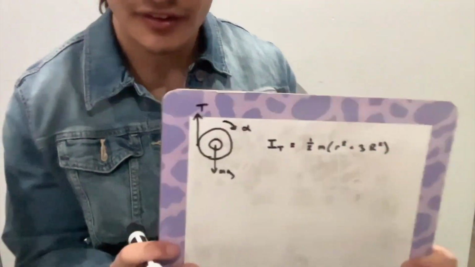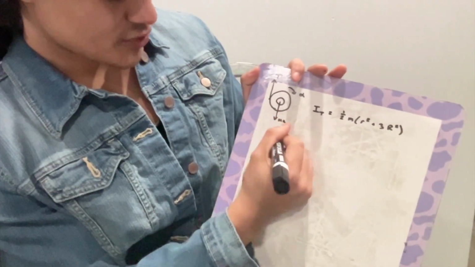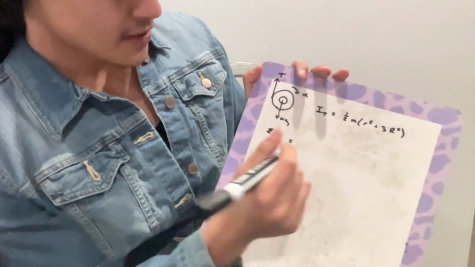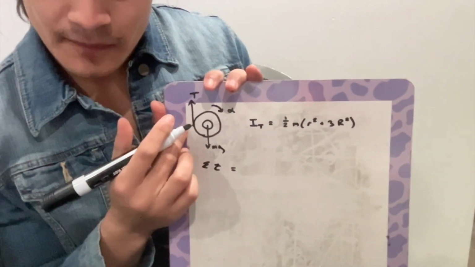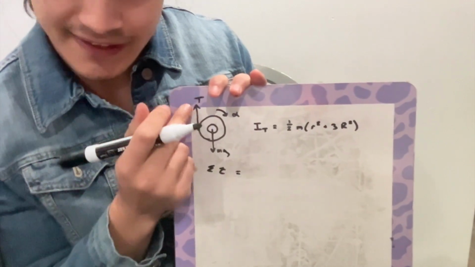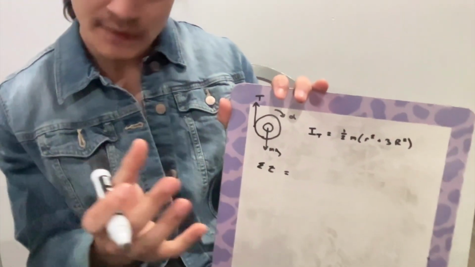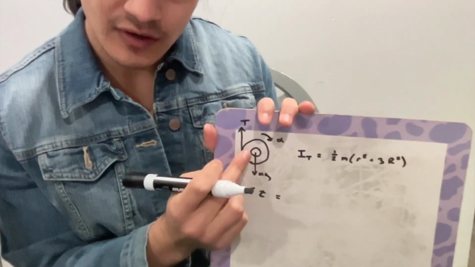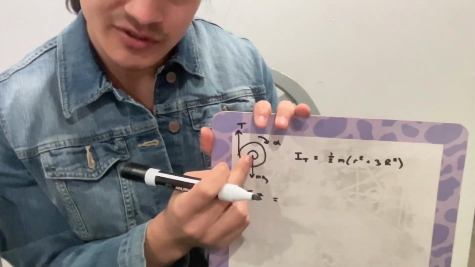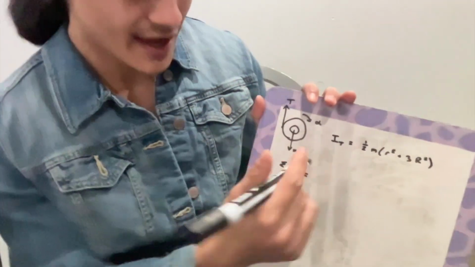Now we do the sum of the torques. We're at point rotations at point T, so this force is not going to have any torque because it's at the point of rotation, so there's no R. Our second force is mg, which is at a distance r, so that's the only force acting on this.